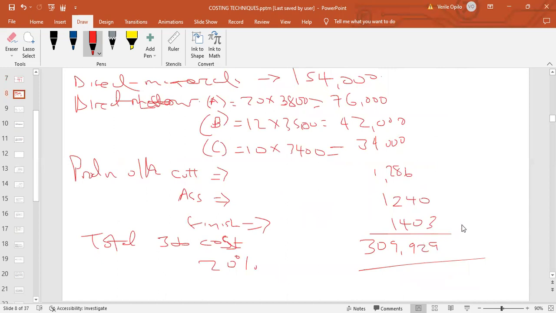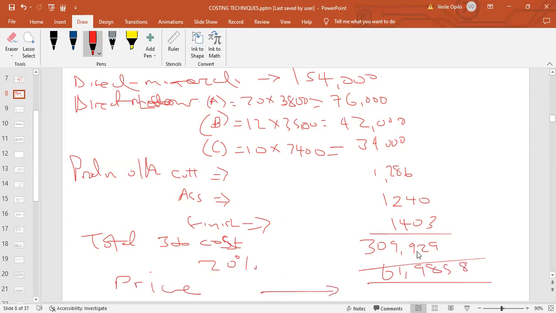So we multiply 20% of this amount to see how much markup the company is going to make. In this case, 20% of 309,929 should give us 61,985.8. When we add up the total, we're going to get the price of the item that the company should charge.